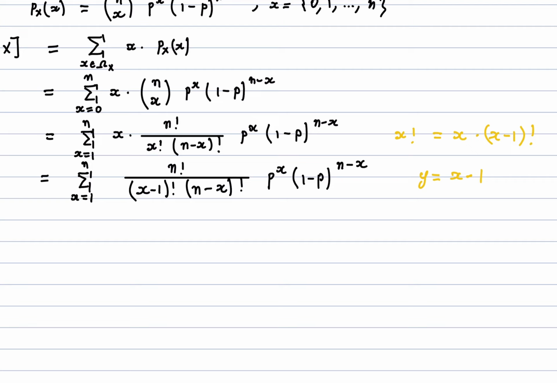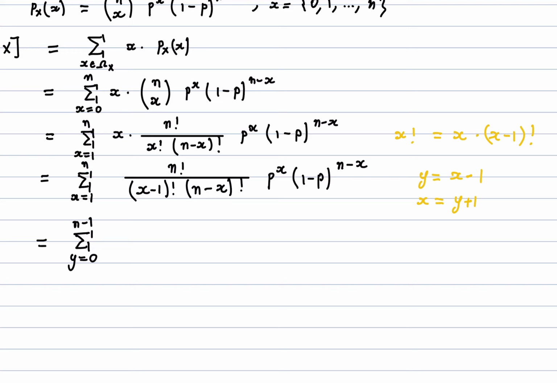One, wherever I see an x, that has to be equal to y plus 1, pretty straightforward. The other thing that needs to change is the terminals. If we're going from x equals 1 to n, then when x is equal to 1, y is equal to 0, and when x is equal to n, y is equal to n minus 1.